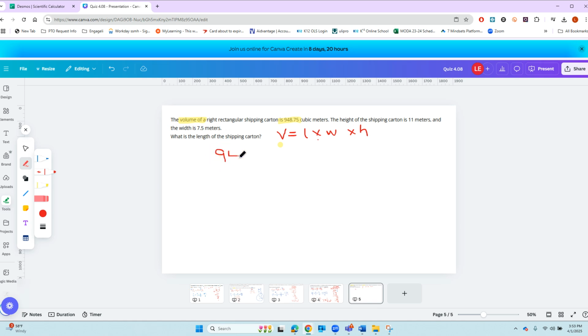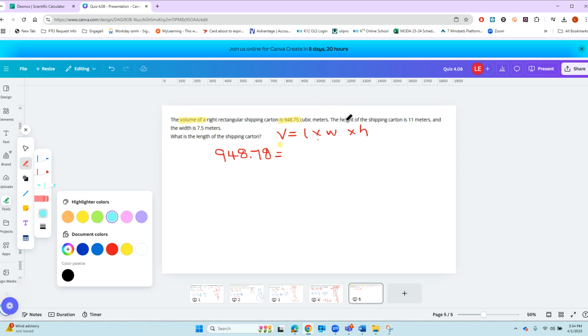948.75 to be exact. And then the next bit of information I have, let's read through that, is the height of the shipping carton is 11 meters.